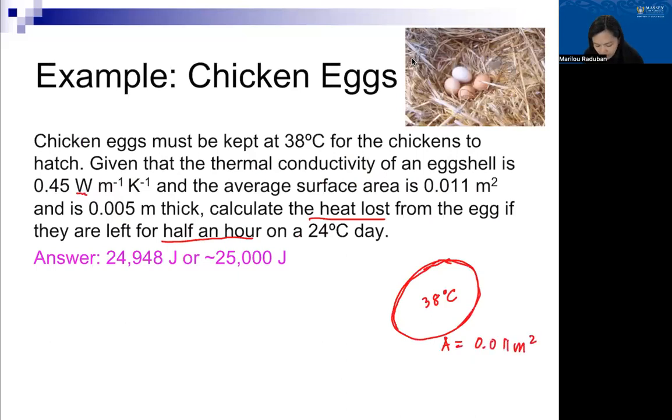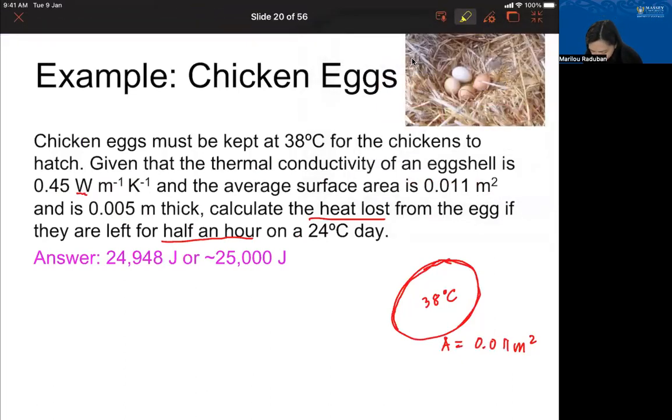The egg is 0.005 meters thick, so you have this thickness, thickness D, 0.005 meters.